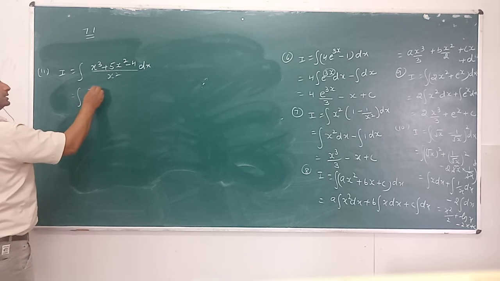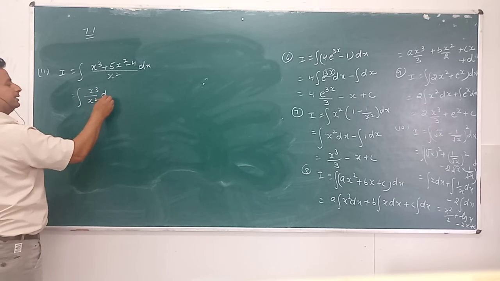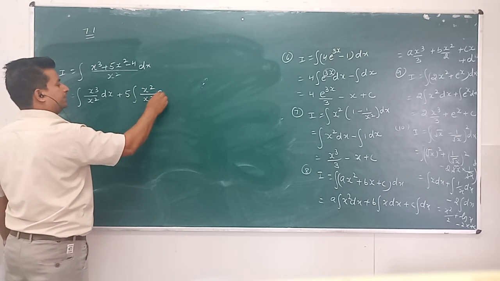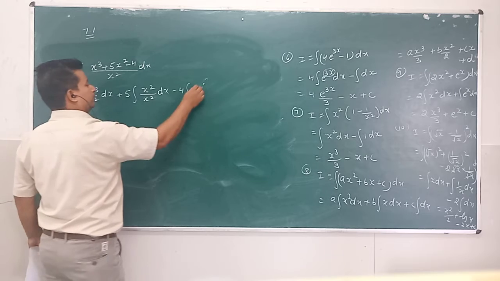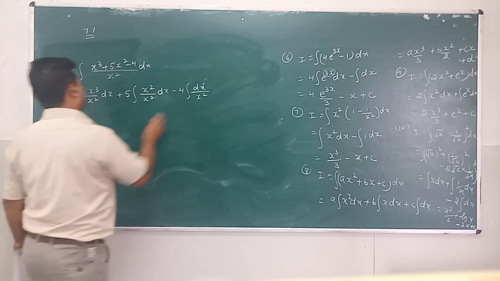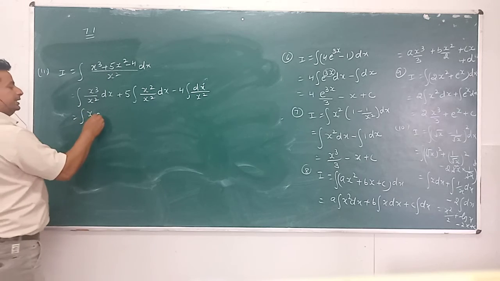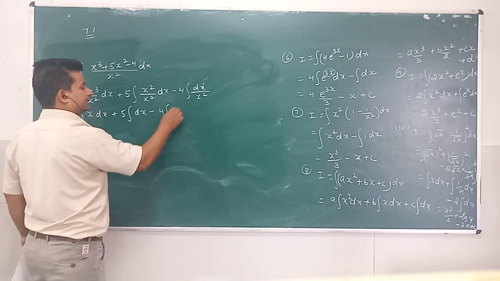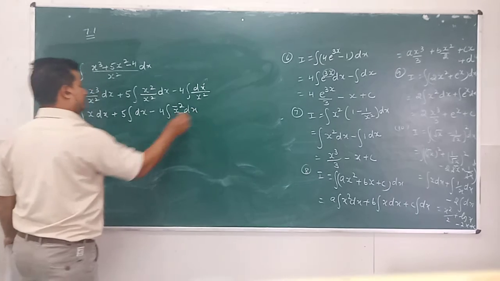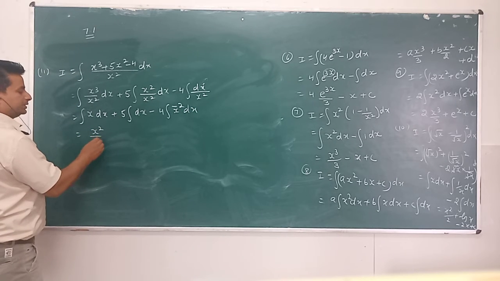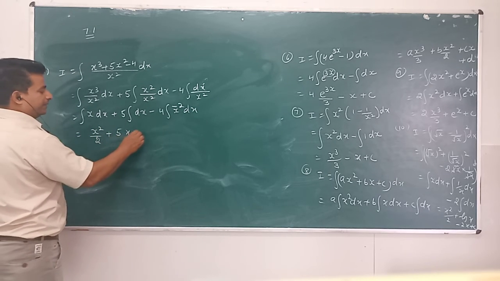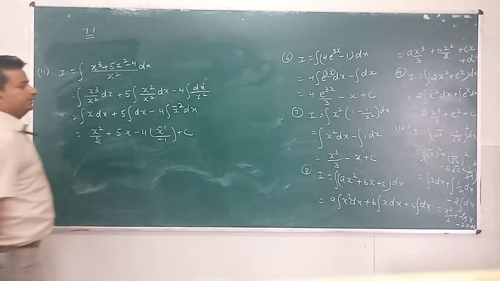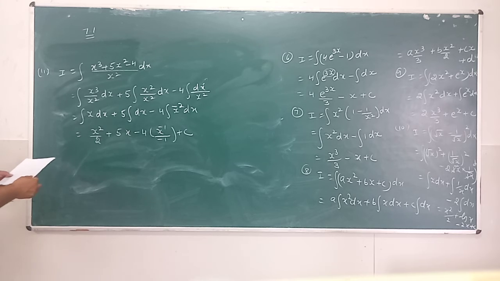When we separate these terms, x cube upon x square dx plus 5 x square upon x square dx minus 4 dx upon x square. This is x dx, this is 5 dx. When we take x square in the numerator, this is x power minus 2. Integration of this is x square by 2, 5x, and this is x power minus 1 upon minus 1, plus c. This is the integral of this question.